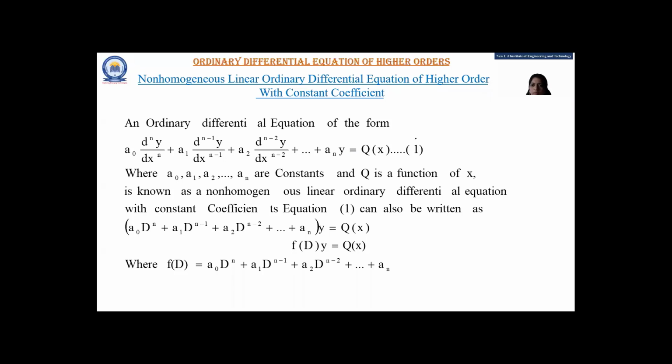In the last lecture, our right-hand side was 0. At that time we did 3 different cases for the homogeneous differential equation: the first case for real and distinct roots, the second case for real and repeated roots, and the third case for complex roots.